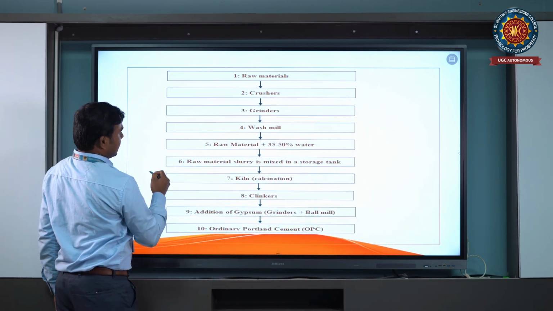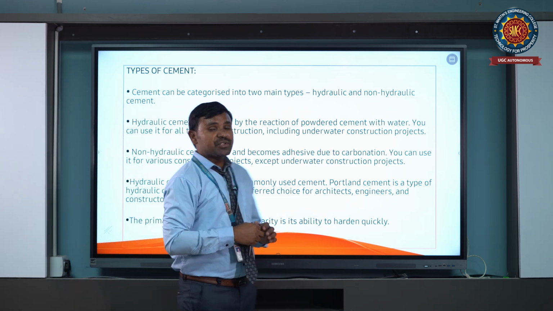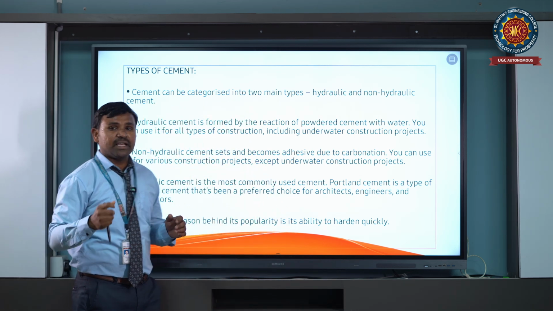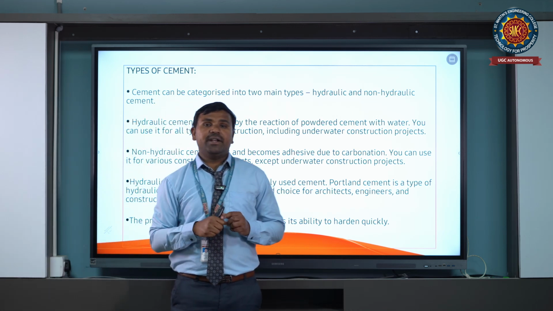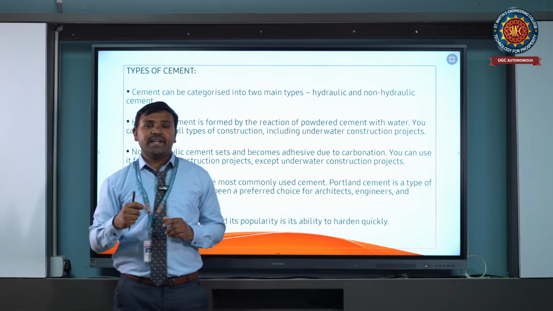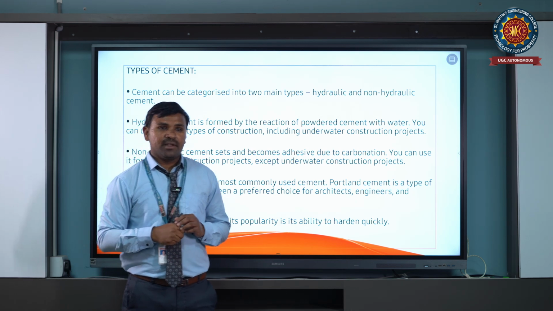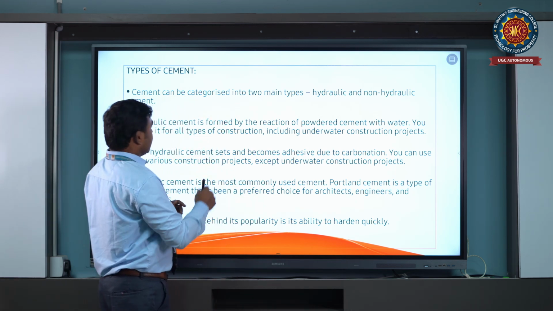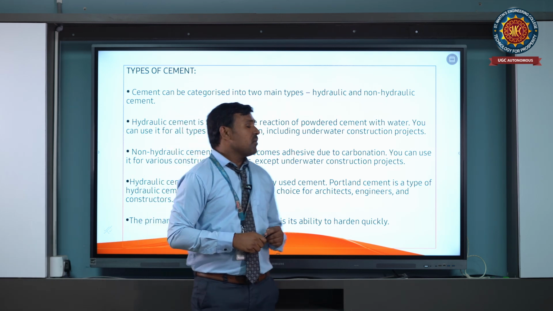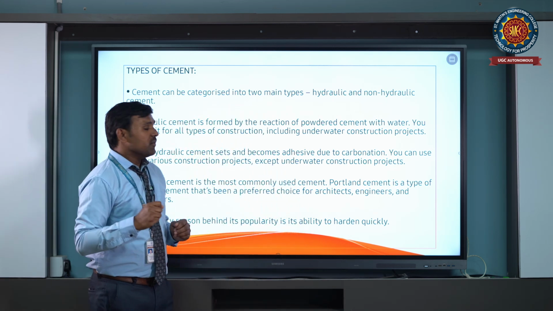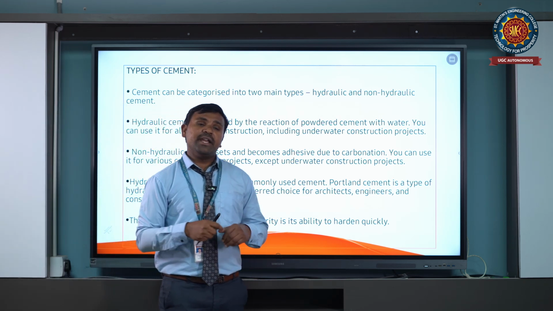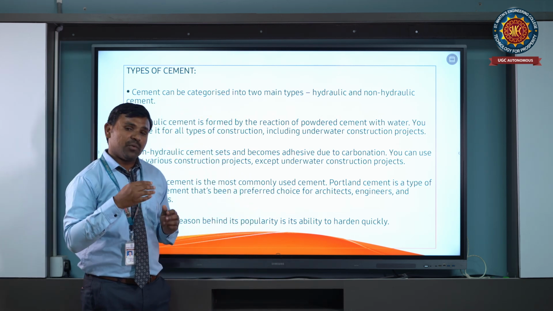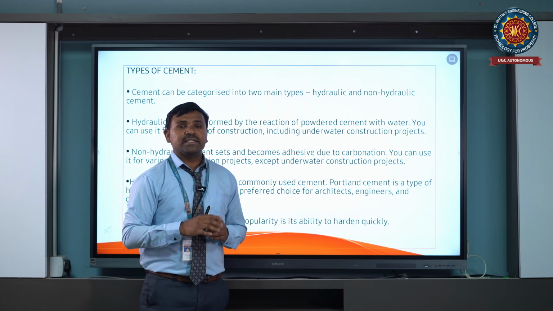Next, we will look at types of cements. Basically, types of cements fall into two categories: hydraulic cement and non-hydraulic cement. Hydraulic cement is formed by the reaction of powdered cement with water. You can use it in any type of construction under the water or normal structures.